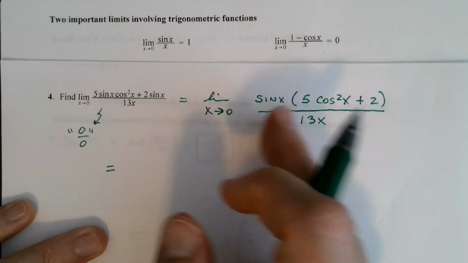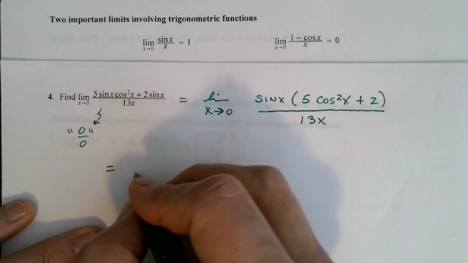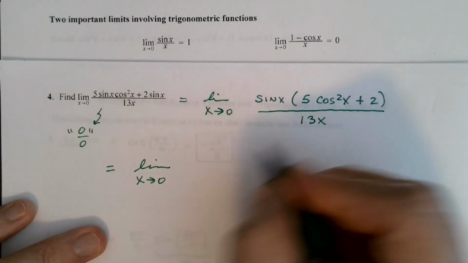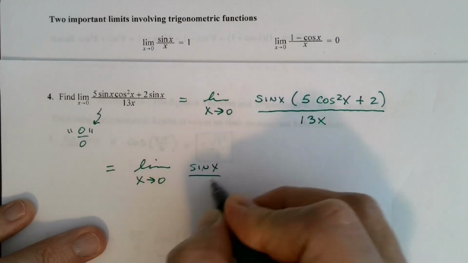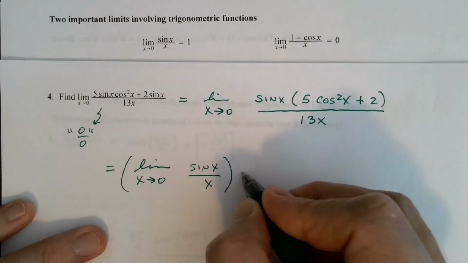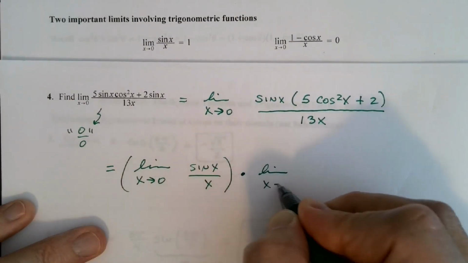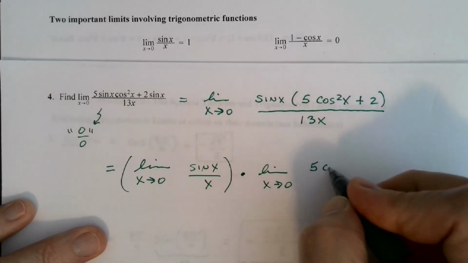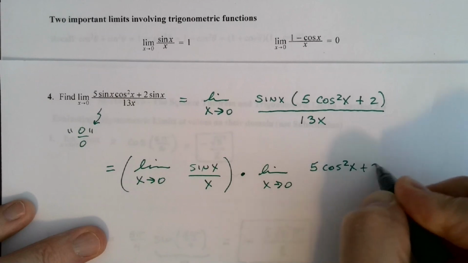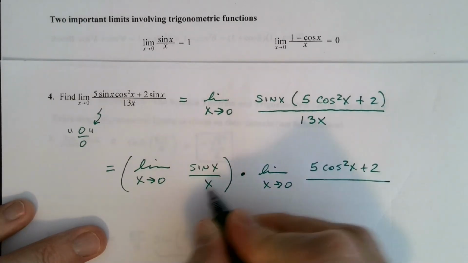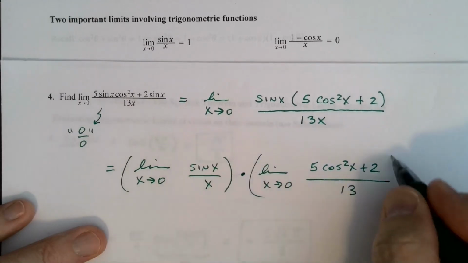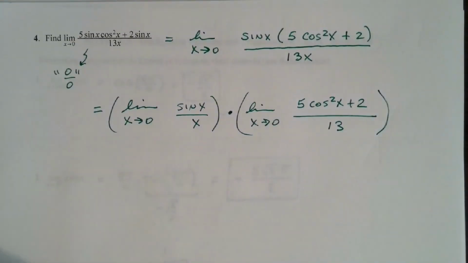And so what I'm going to have is the limit as x approaches 0, I'm going to pull the sine x over x together, and then times the limit as x approaches 0. What's left over? Of course, all this up top, 5 cosine squared x plus 2 is left. What's left in the bottom? I pulled the x out from 13x, that leaves me a 13. Right? So we could do it this way.